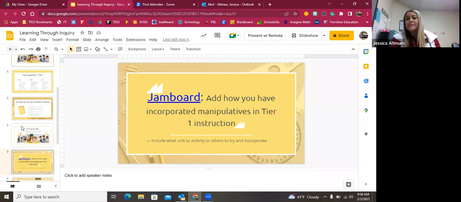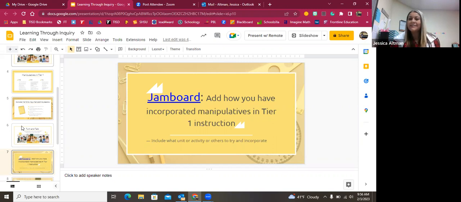Although these were all successful pieces in the PD, I really think that had I gone with my initial plan to mix up the teams instead of having them sit by grade level, it would have allowed for more conversation and more vertical examples to occur.